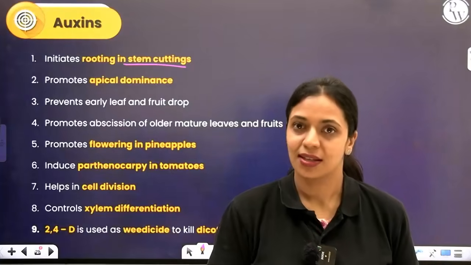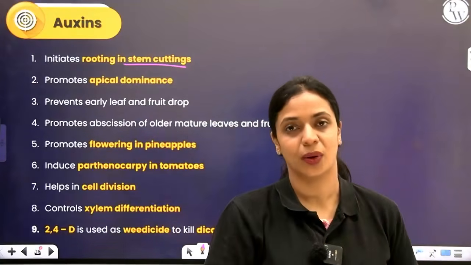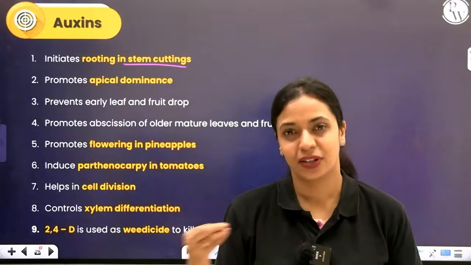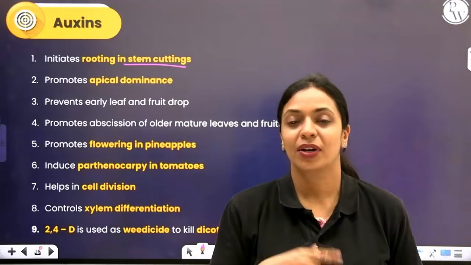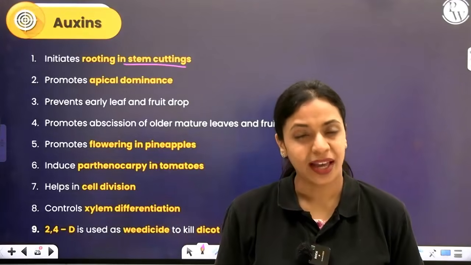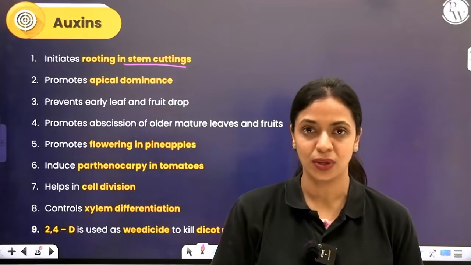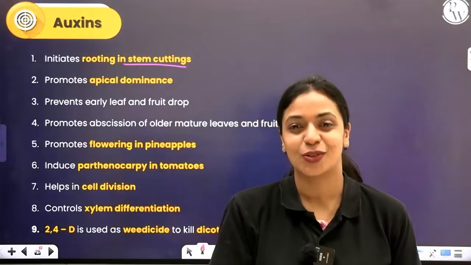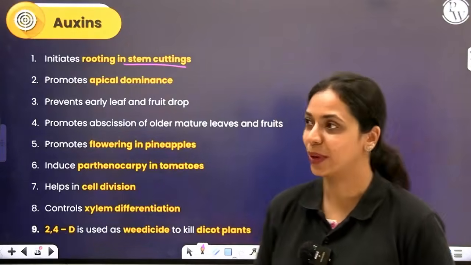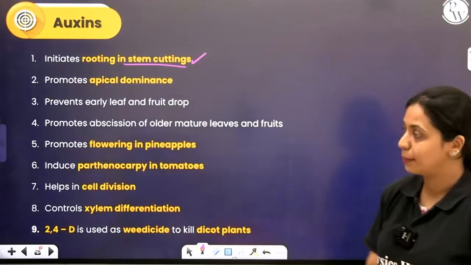In such cases, if you allow the stem to be inside the soil, naturally after some time roots will start forming. But if you have to make that process happen rapidly, then by applying a paste of auxin at the base of that cut stem and keeping it inside the soil, the rooting will happen much quicker. So it helps in producing roots in stem cuttings.